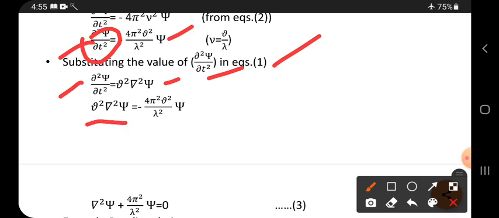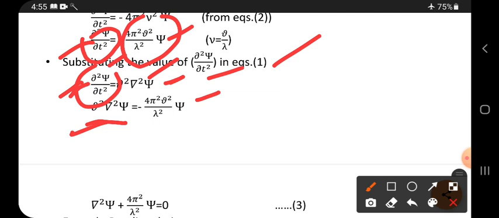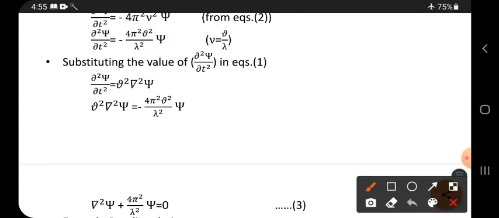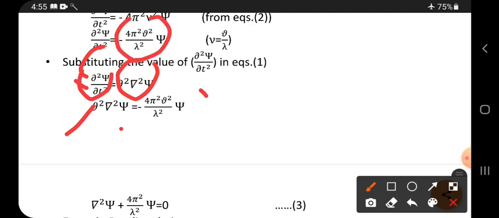Why write it like this? I need del square psi equals something at the left side only, and what I am going to substitute must be on the right side. So this is written this side, and in the place of this it is substituted.